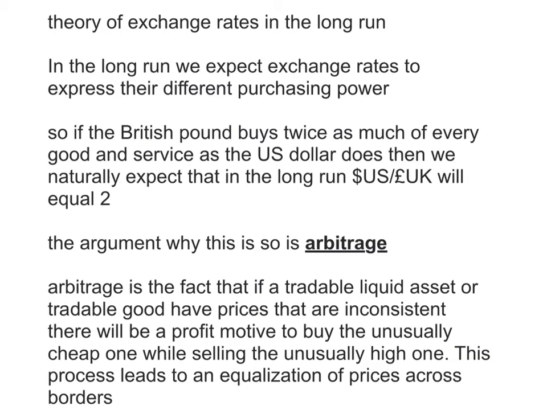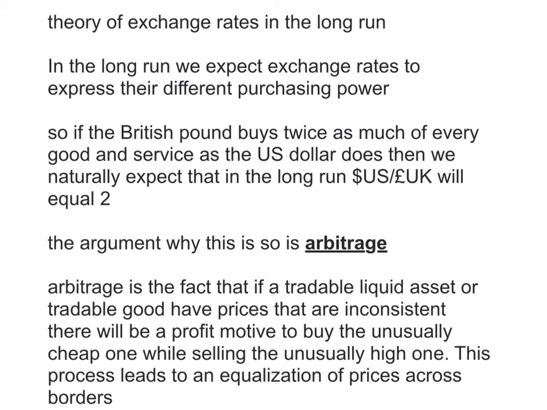Now, the reason why this should be true is the principle of arbitrage. Arbitrage is essentially the idea that traders will trade currencies in such a way that they have made the maximum possible profit.